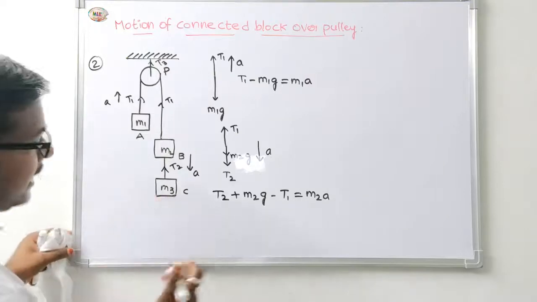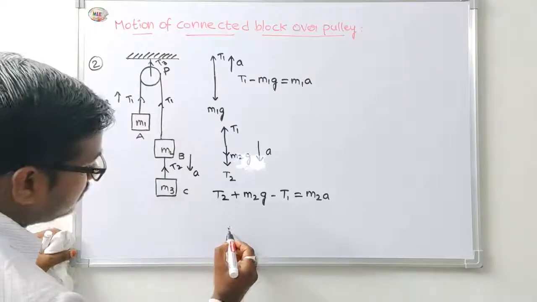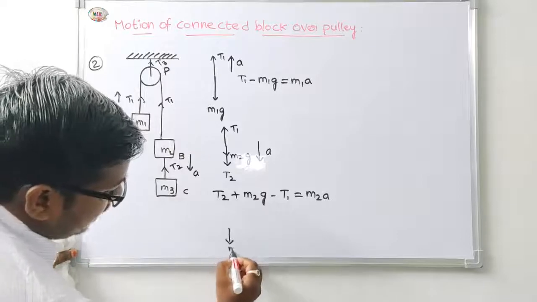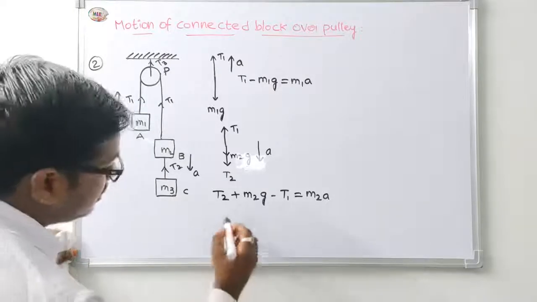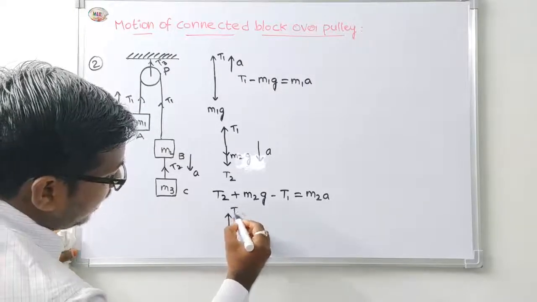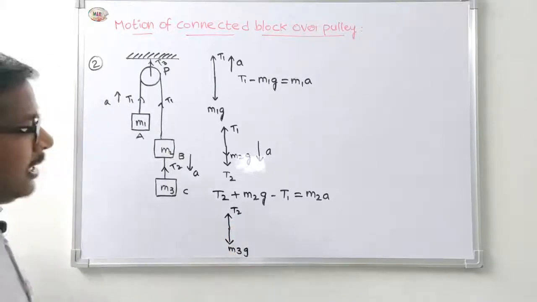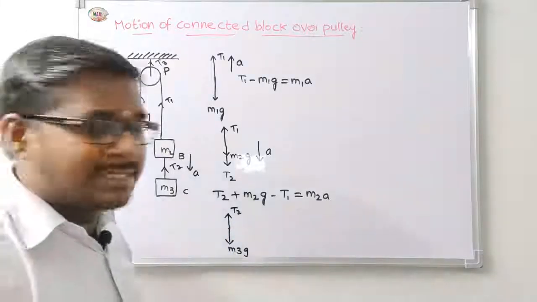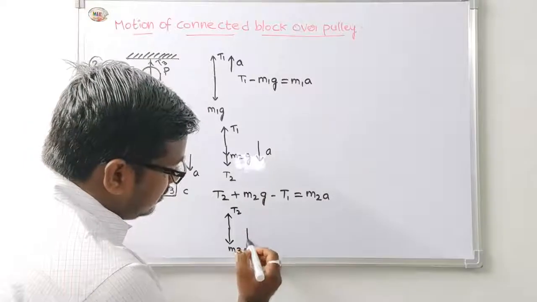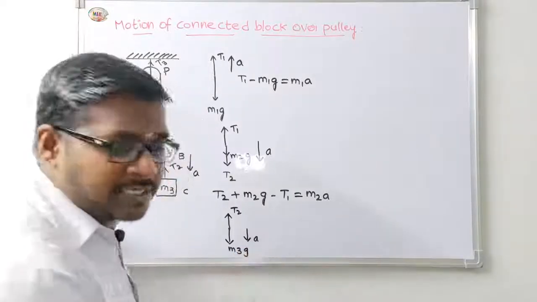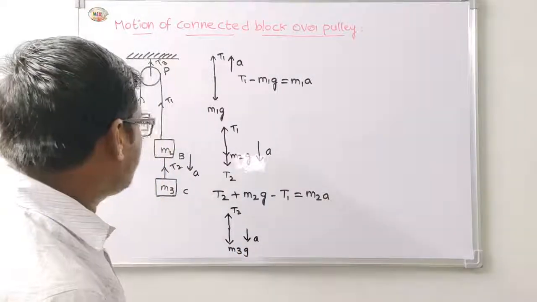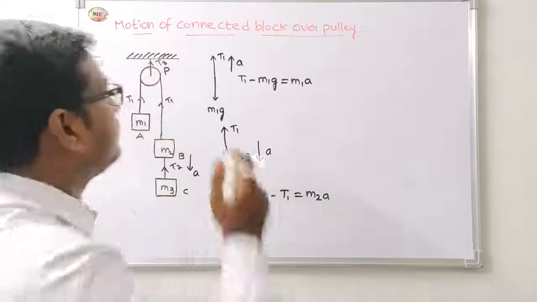Next, take the M3 block. M3G is acting downward and T2 is acting upward along the string. Acceleration is acting vertically downward, because M2 plus M3 is greater than M1.